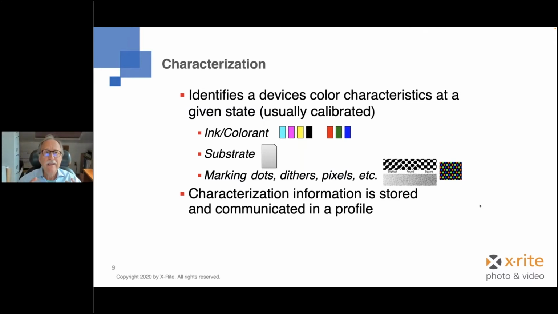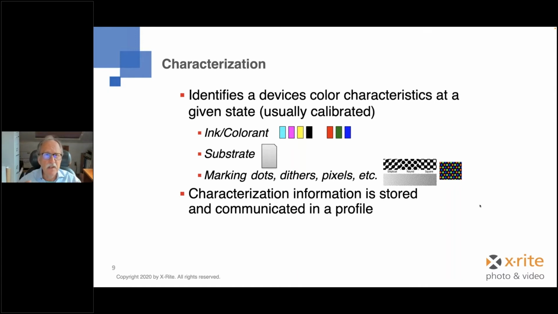So what we really need to do is find a way to communicate the color in a very neutral way between these devices in their calibrated states, and that's done through something called characterization.